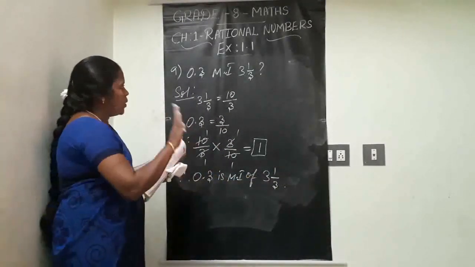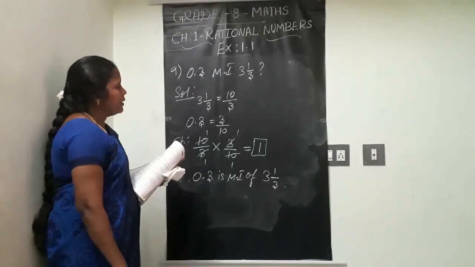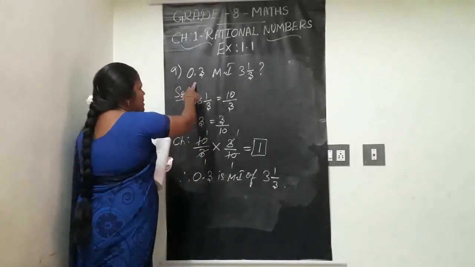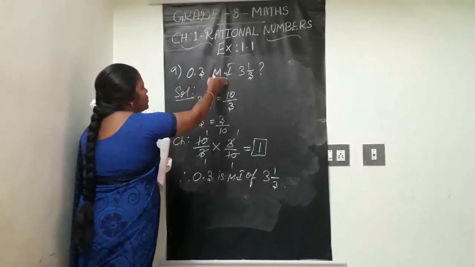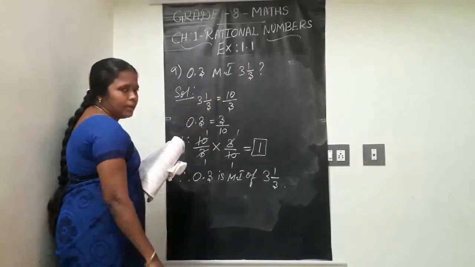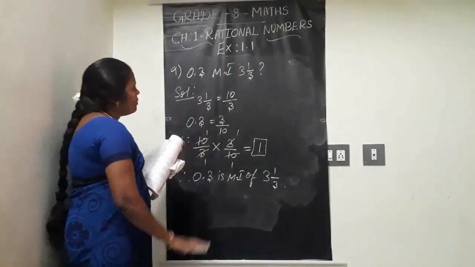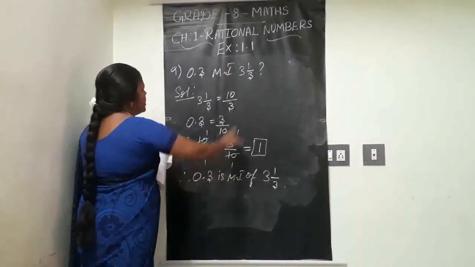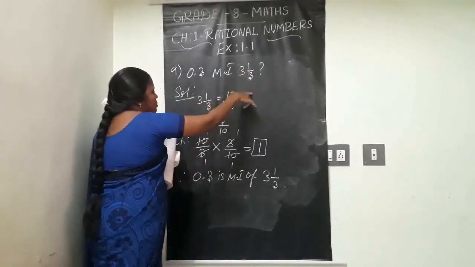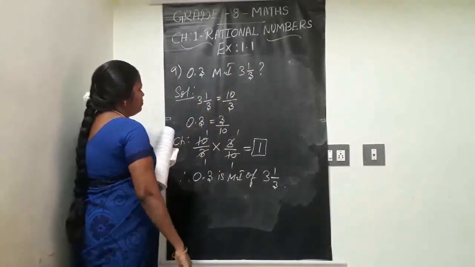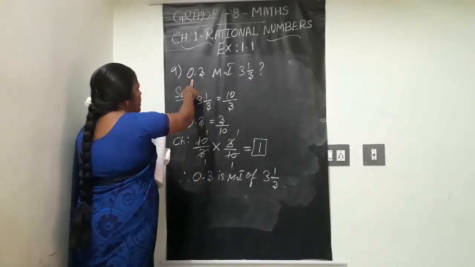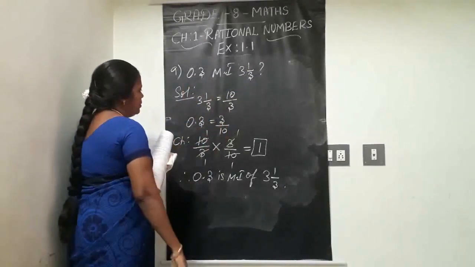Understood, children? What is given? What have we done? They are asking, is this number the multiplicative inverse of that number? Give reason. For that, first we took this number and changed it into improper form. Secondly we took this number and wrote it in fraction.